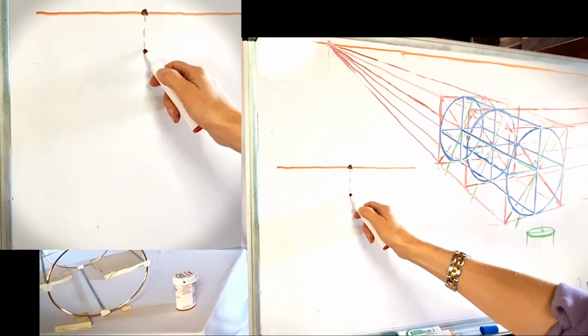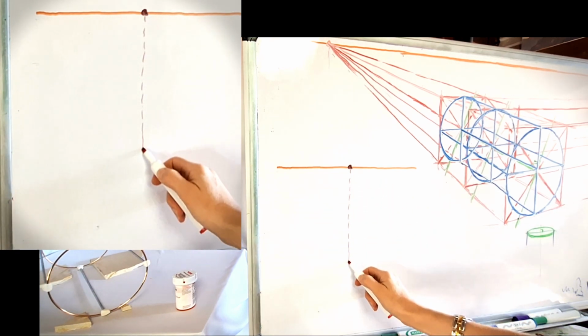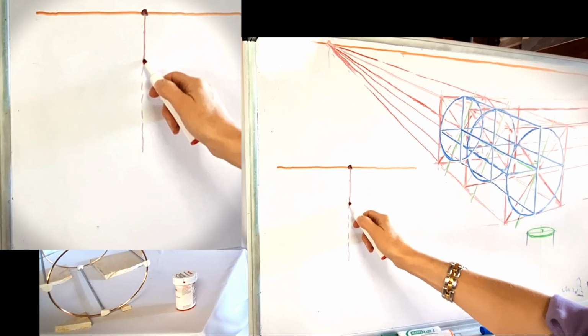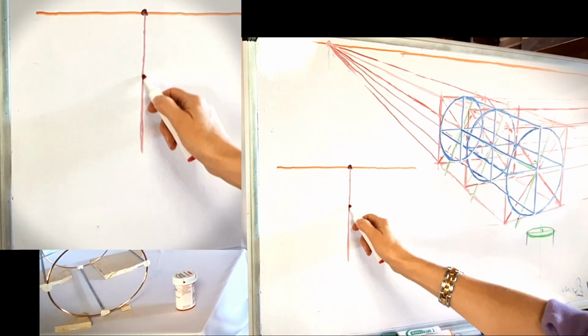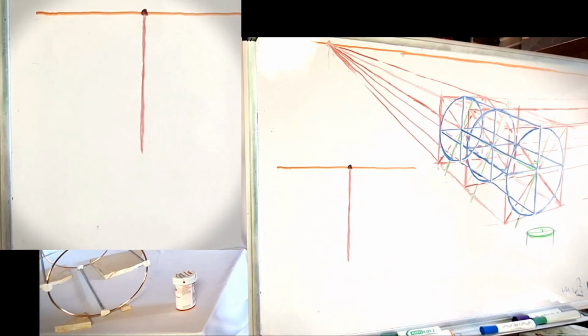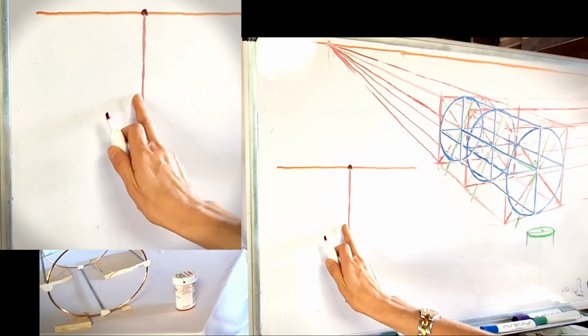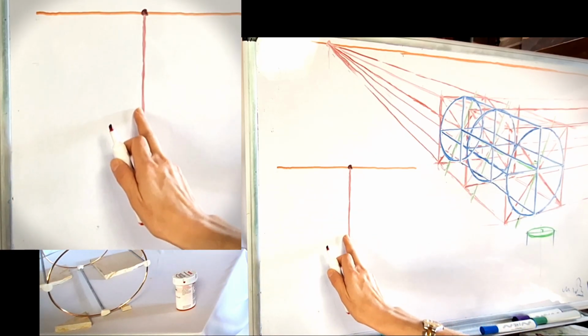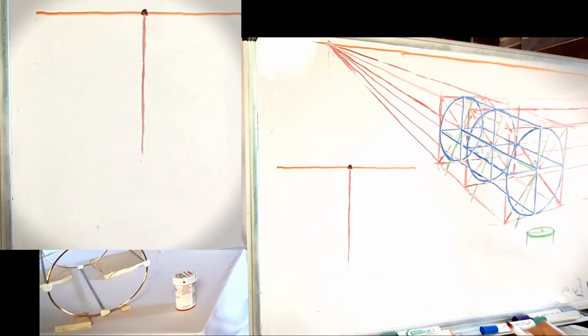And this is our center line. Almost straight. My lines don't come out too straight on the dry erase board because I'm always trying to reach carefully over the camera without bumping it.